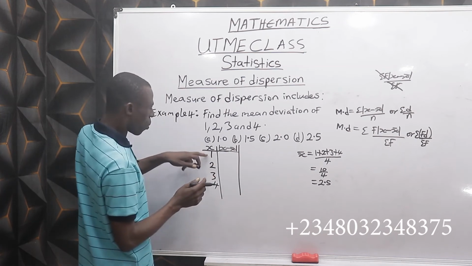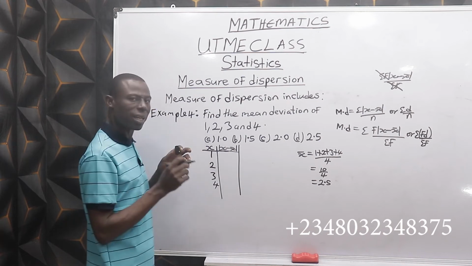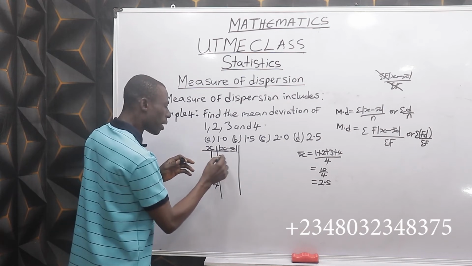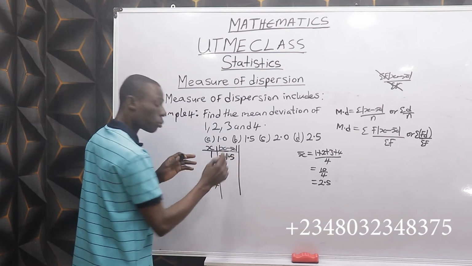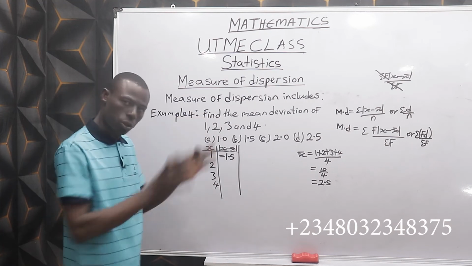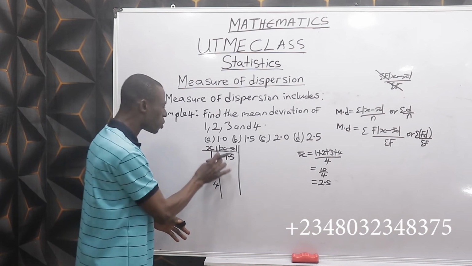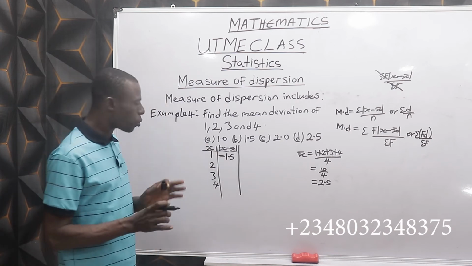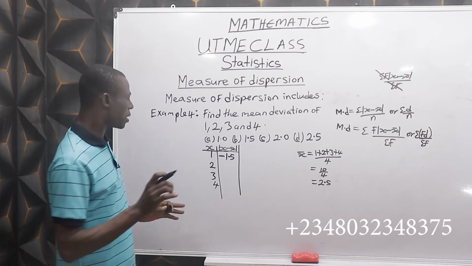Now, let's take them one by one. 1 minus 2.5, originally it should give you negative 1.5. I'm not going to write the negative because of the slash, which means absoluteness. When you are getting the absolute value of something, you don't put negative there. You put the difference there without including negativity.